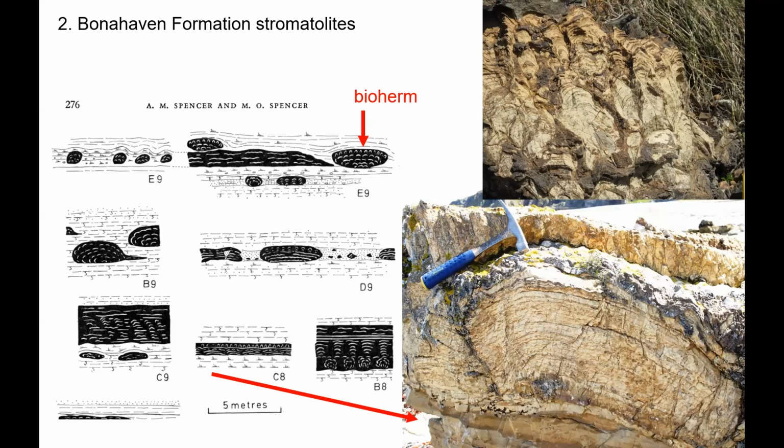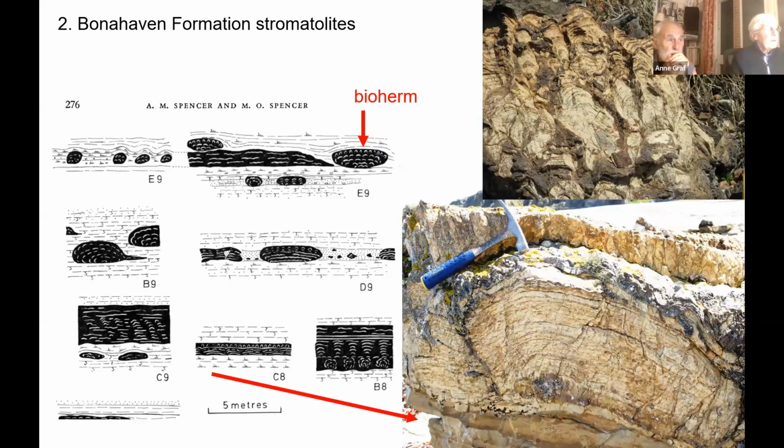I followed Tony Spencer, and Tony's paper here has these lovely drawings of these stromatolites showing their shapes. You've got the bioherms like this, and the biostromes, which would be the continuous beds. For example, this bed here shows fairly flat layers.